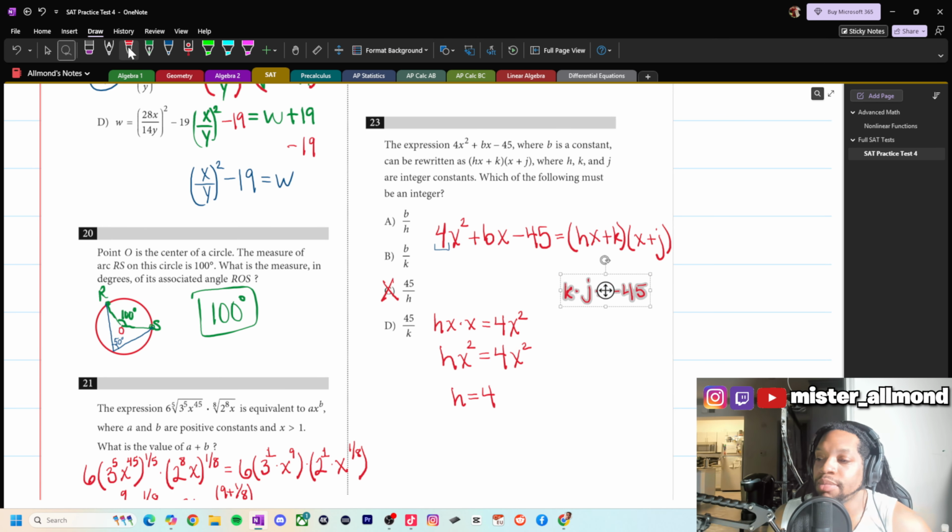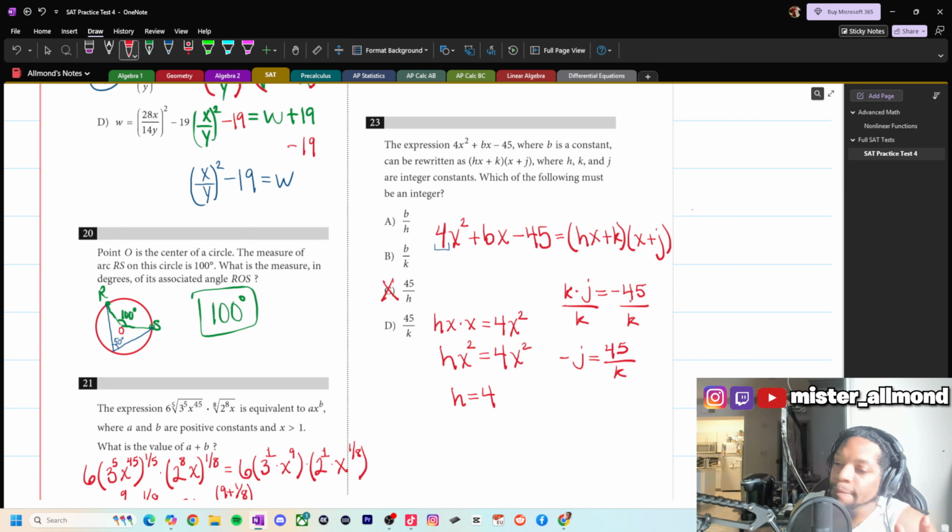Because they're asking about 45 over K. And so if I divide by K on both sides, I get J equals negative 45 over K, but I'm gonna multiply both sides by negative 1, so I get the 45 over K that my answer choice says.